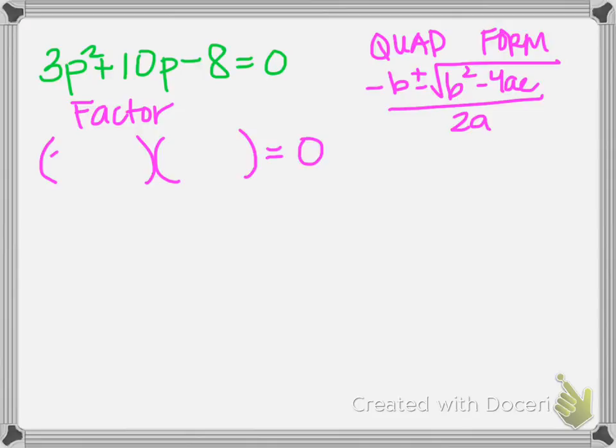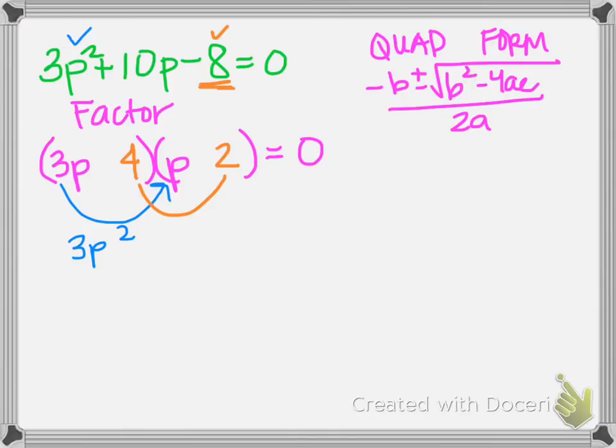So here's what we're going to do. 3p times p. If I check these will multiply to be 3p squared. Check. Now I'm going to take a look at the 8. I know that 2 times 4 would give me 8.